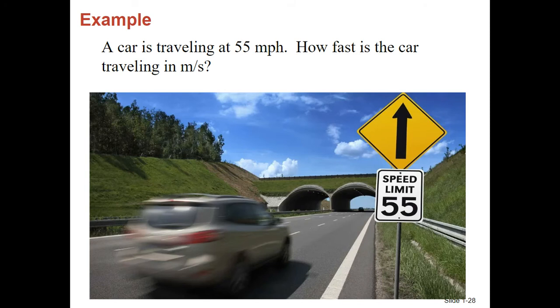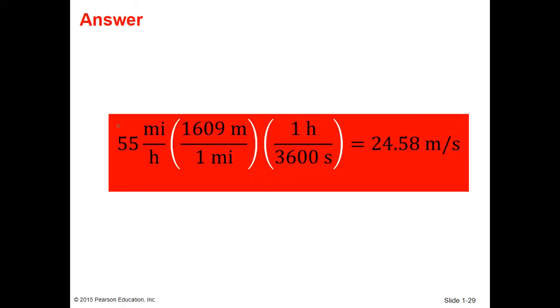So here we have a car traveling at 55 miles per hour. How fast is the car traveling in meters per second? So we want to convert from English to metric. So if this is what we're looking at here, again, miles per hour, there is 1609 meters, or right around 1600 meters in a mile, if you're familiar with track and running the mile.